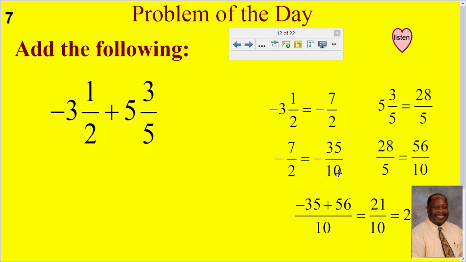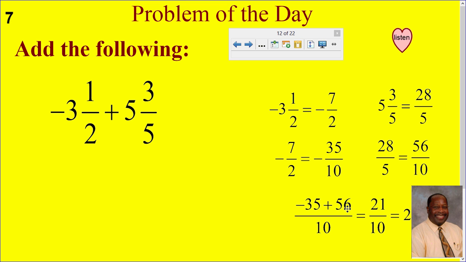Now that I have 10 on the denominators, I can now add the numerators. But look at the numerators. They're both different signs. I cannot add different signs. I have to subtract. So when I subtract these two, I get 21. But which sign do I pick?